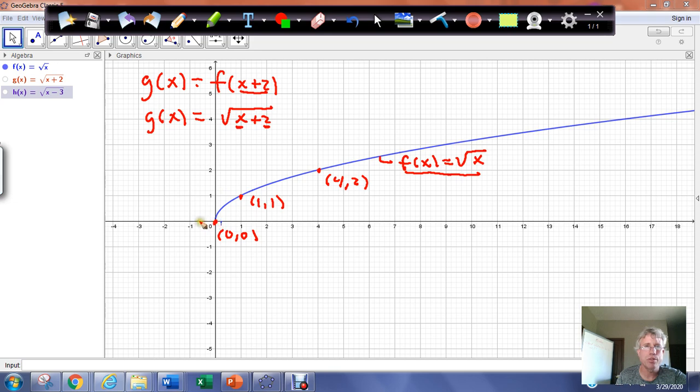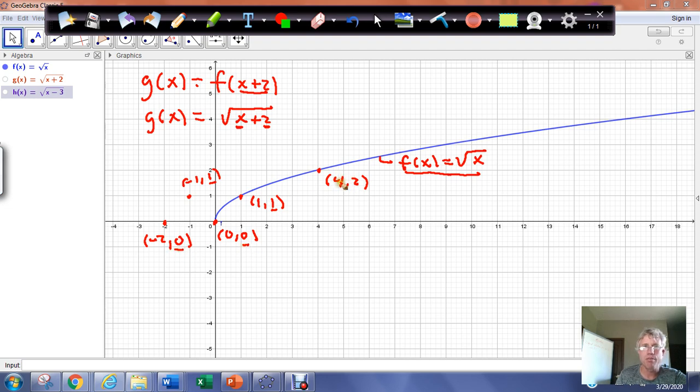So the origin is going to shift over 2 units to the point -2, 0. The point 1, 1 is going to shift over 2 units to the point -1, 1. Notice that the outputs aren't being affected. The outputs are still 1, outputs are still zeros.